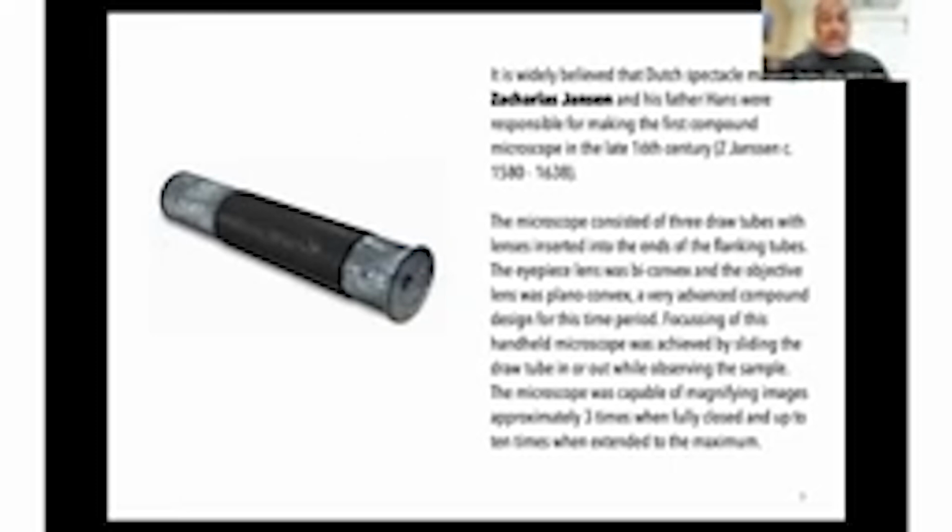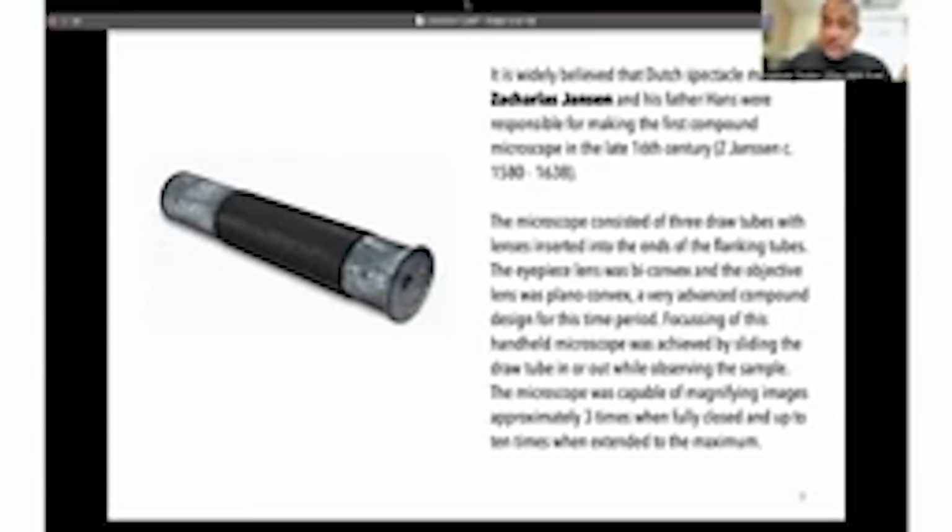It all began with the origin of the microscope by Zacharias Janssen, somewhere in the 16th century. He lived from 1580 to 1638, and this looks more like a telescope than a microscope.